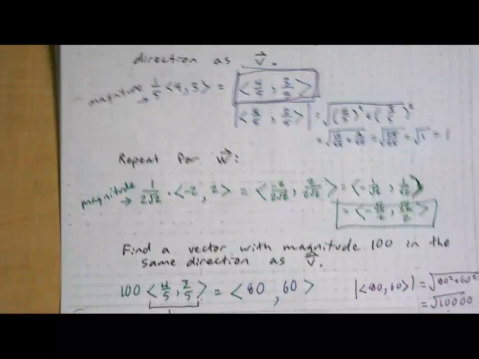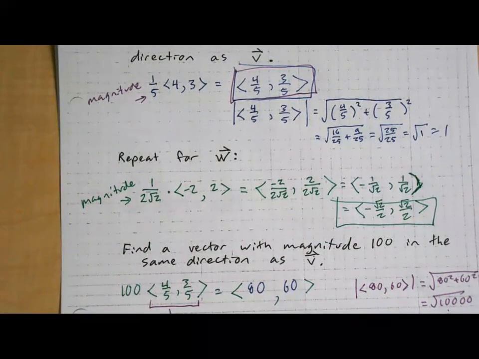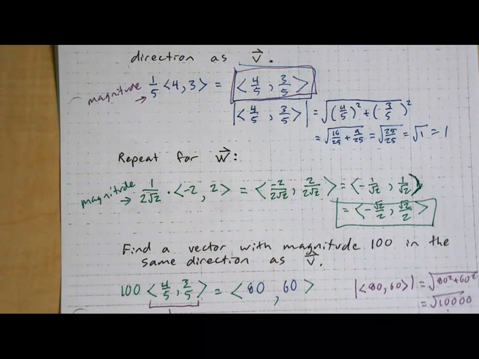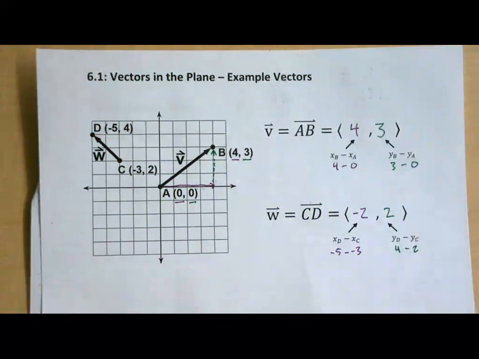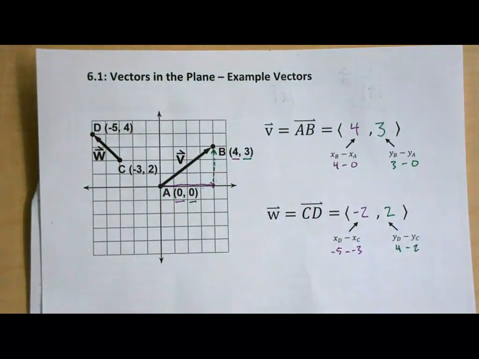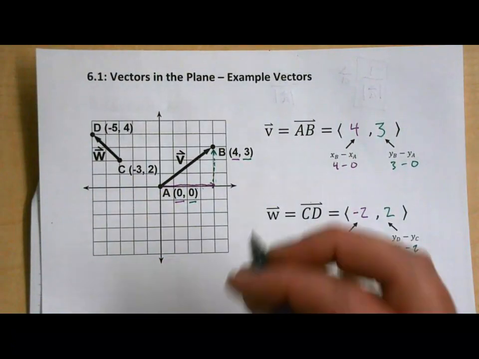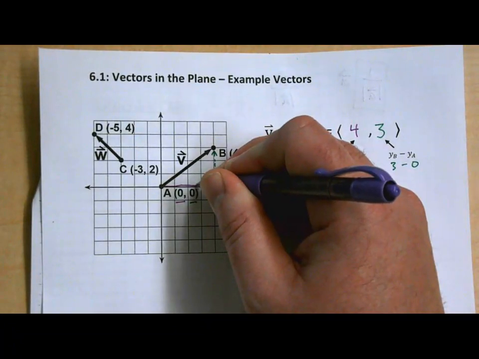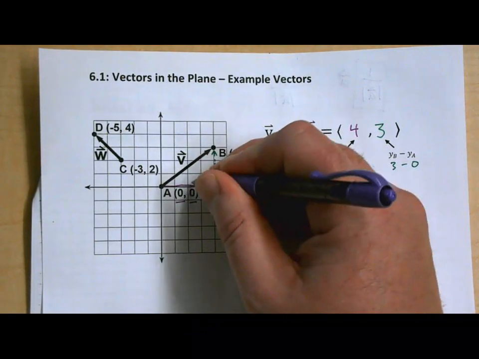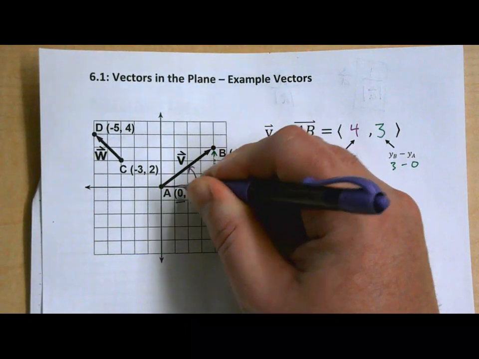Okay, the last thing that we did, I saved this for last because it is something that you guys are going to just be awesome at. It is finding the direction angle of a vector. So before I give you the notes for this, I want to talk about what I mean by the direction angle. So, the direction angle for vector v would be this angle right here.